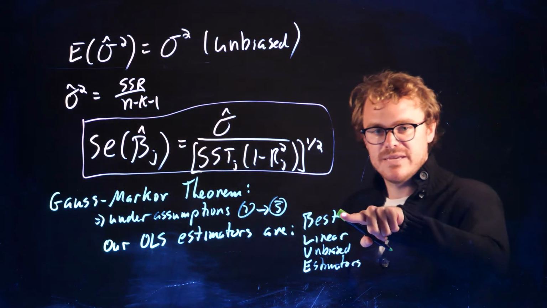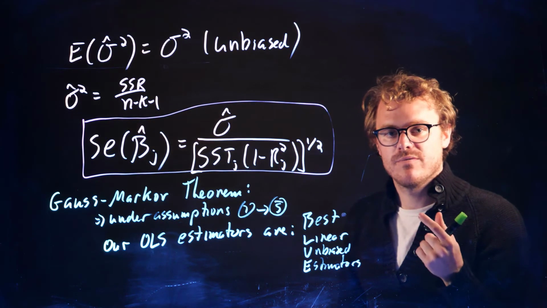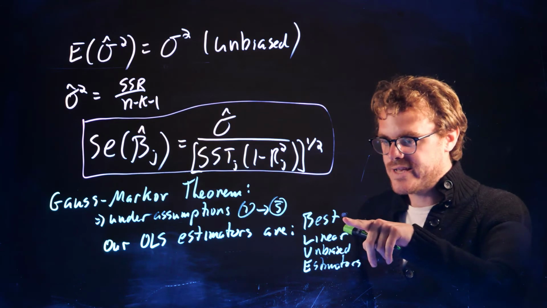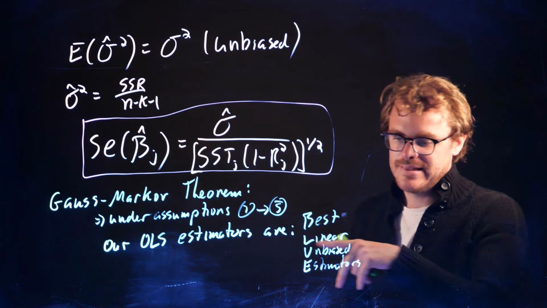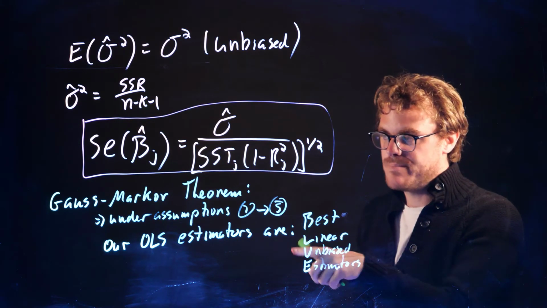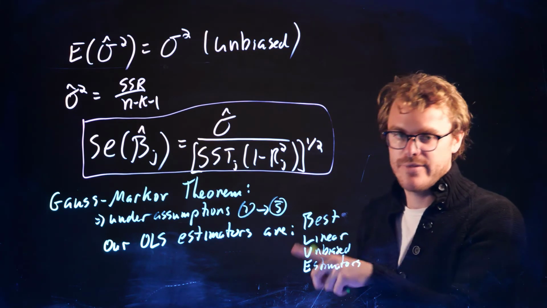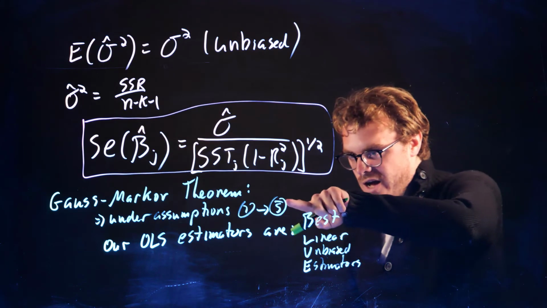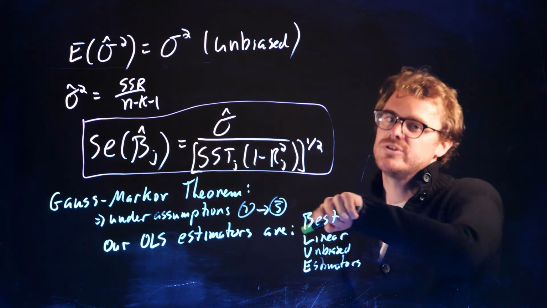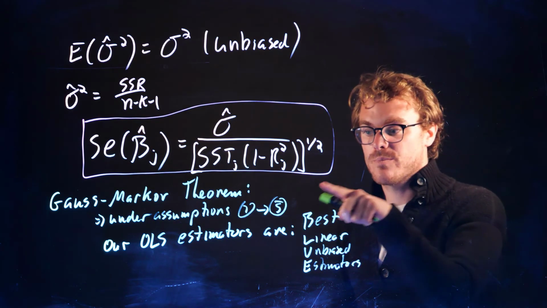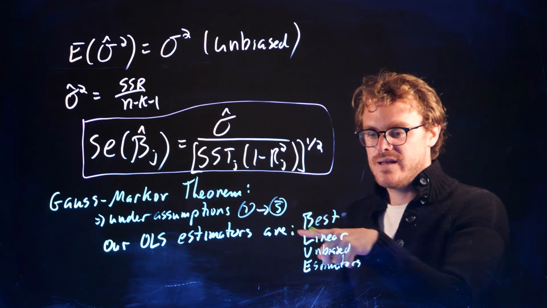By best, it means it has the lowest possible variance. So they have the lowest variance of all the estimators we can come up with. It's linear because it's linear in parameters. It's unbiased because the expectation of the beta hat j's are the true values. Assuming that's true, which are pretty strong assumptions, right? But this means our OLS estimators are pretty good if this holds.